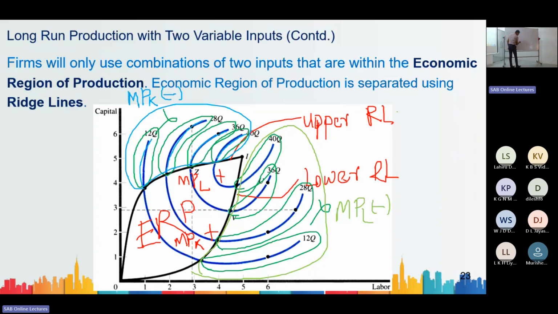To draw the lower ridge line, we combine the points where marginal product of labor is 0.